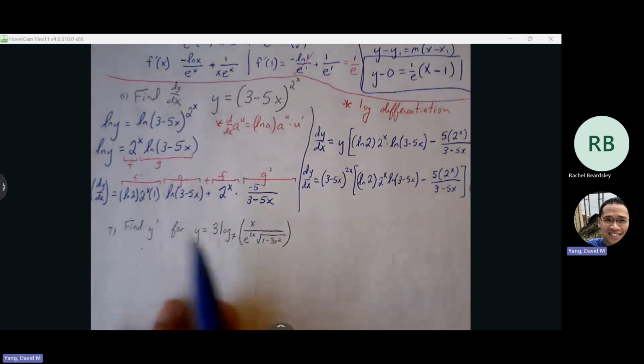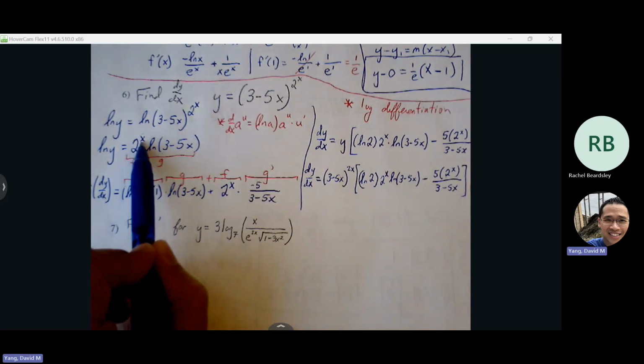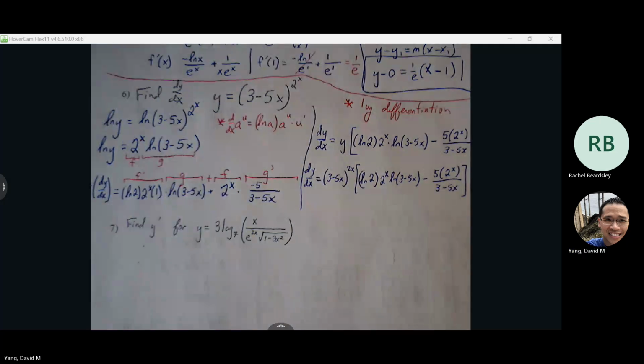Is that the a to the u rule? Yeah, that's a to the u rule. If I have a number raised to a variable, it's a to the u: natural log of that number times a to the u times u prime.